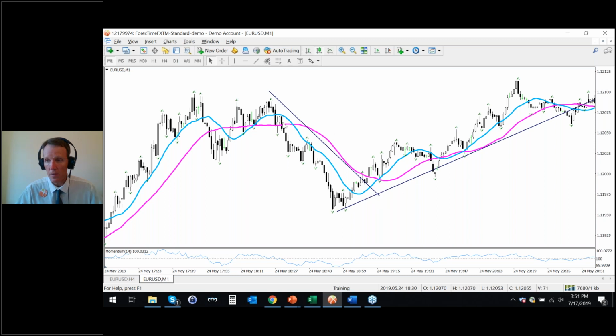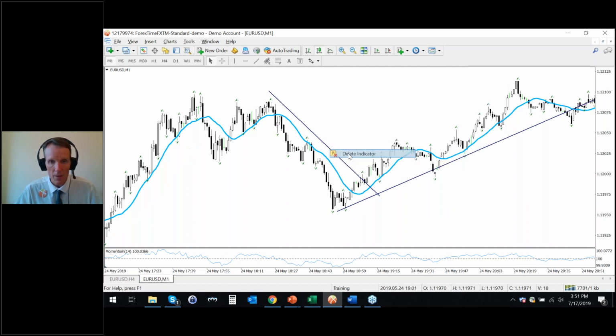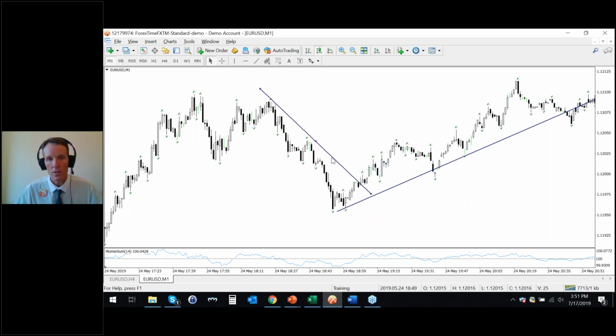In the end, you must see the structure. Let's just go to naked charts here. Let's just delete this. The indicators must never distract you from what is going on here. We're looking at the early stages of a next trend. There's a trend.